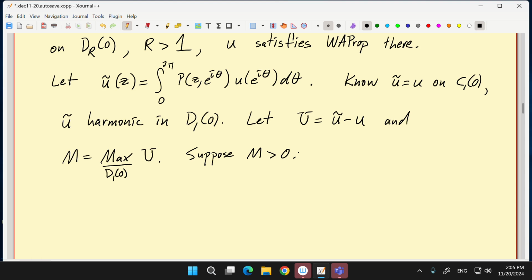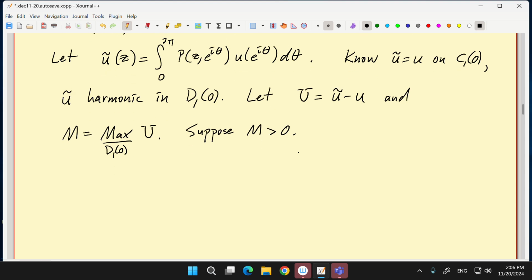Well, if I start playing around thinking of my old proof, my issue is that I can't let that disk get bigger and bigger until it touches the boundary. And that's how I showed that I get this contradiction if that maximum was positive. And so if you think about it for a while, let's let K equal the set of z in the closed unit disk such that U of z is that max.